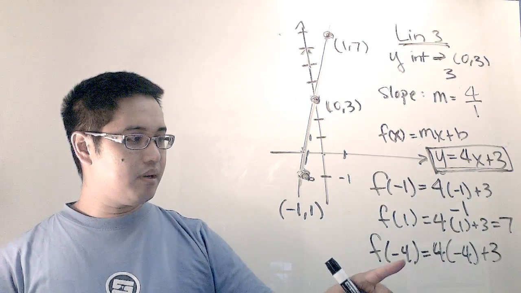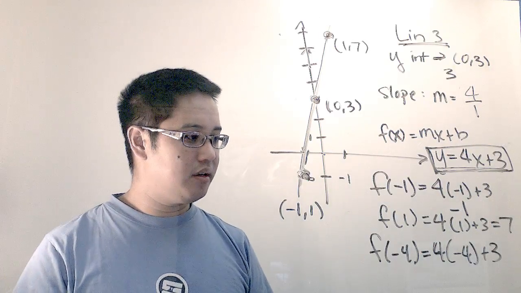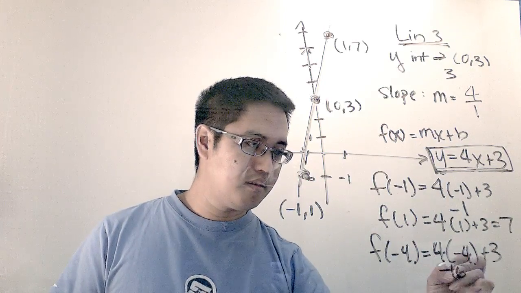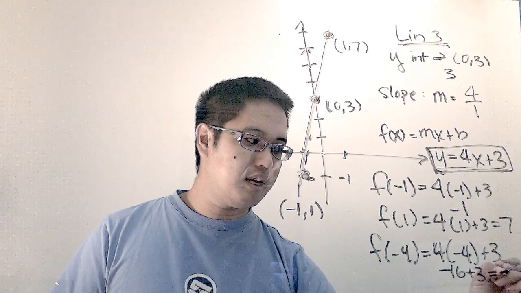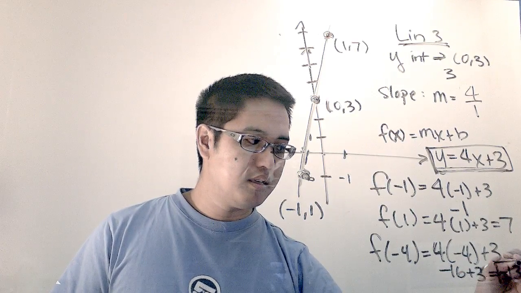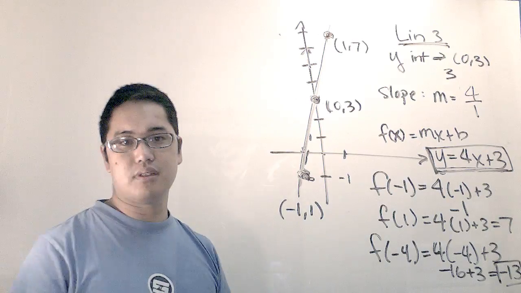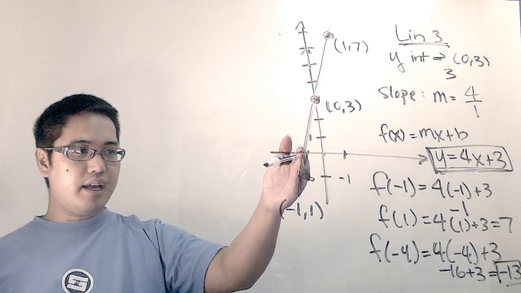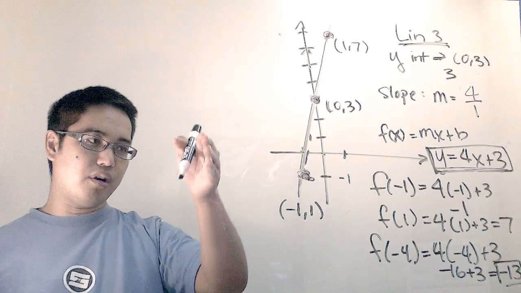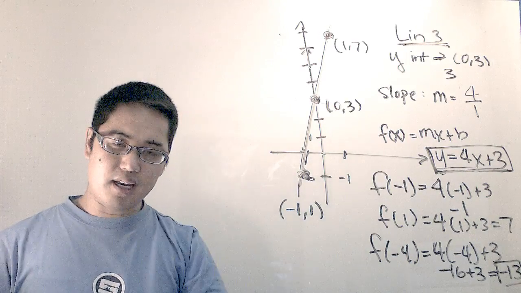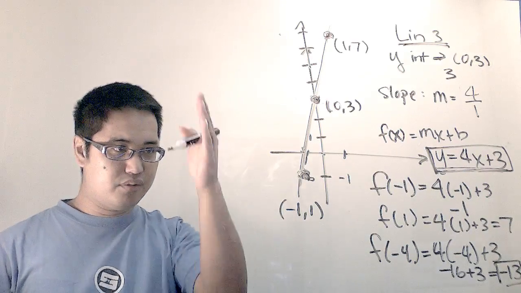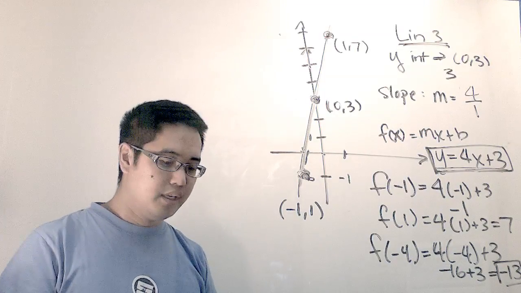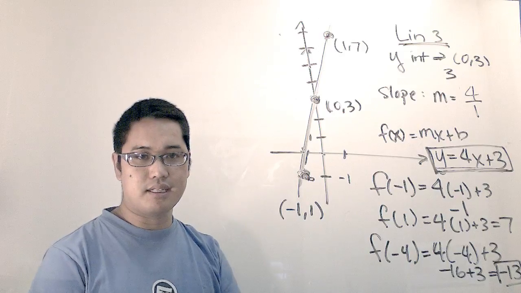All I did was I plugged in -4 for x over here. 4 times -4, that's -16, plus 3, that's -13. That's my answer, -13. Because it means that if I am standing out at -4, that line would cross that -4 point at -13.